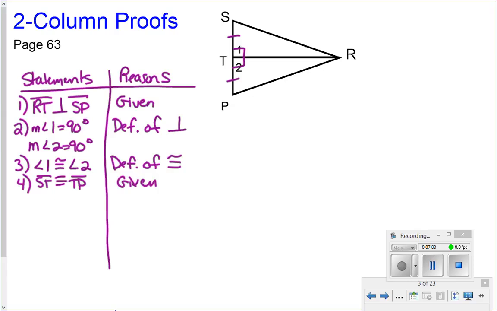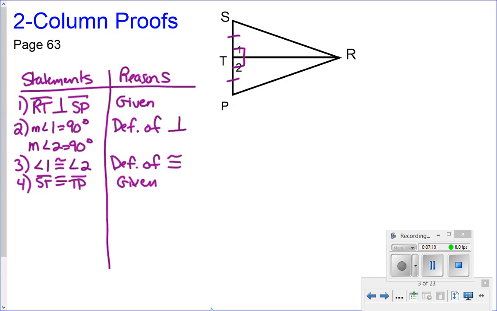I can state that these triangles are right triangles and then use my theorems that involve right triangles, which is the hypotenuse, leg, and so forth. Or I don't need to state that they're right triangles and can just use 3 pieces of information.